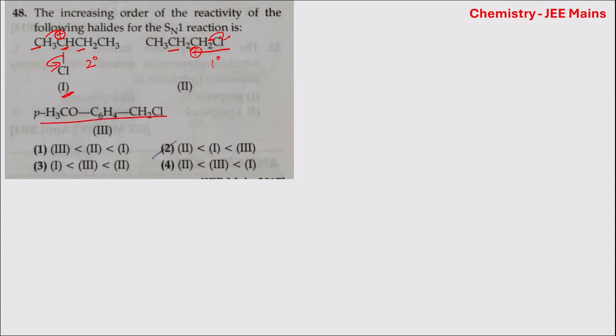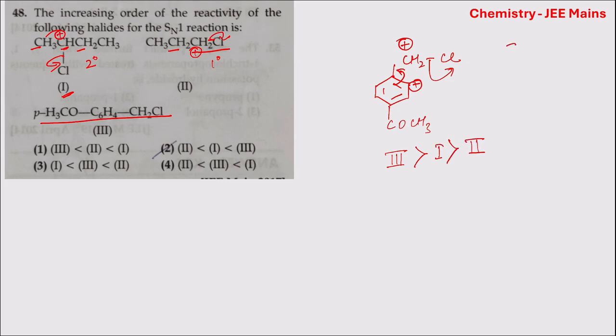In case of this halide, there is a benzene ring and CH2Cl and COCH3. Now when this carbon-chlorine bond breaks, a benzylic carbocation is formed, and this carbocation is stabilized by the delocalization of the positive charge on the benzene ring. So the most stable carbocation is the third carbocation, and then out of secondary and primary, the secondary carbocation is more stable than the primary.